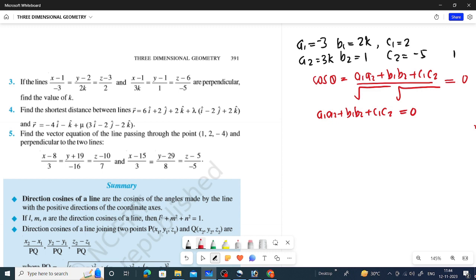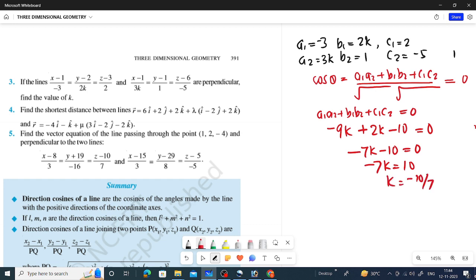Here a1 a2 is minus 3 times 3k, minus 9k, plus 2k into 12k, plus 2 into minus 5, minus 10 is equal to 0. So the answer is minus 7k minus 10 is equal to 0, minus 7k is equal to 10, k is equal to minus 10 by 7. So this is the answer to the question.